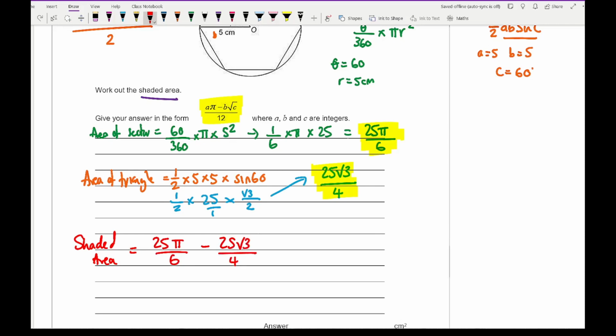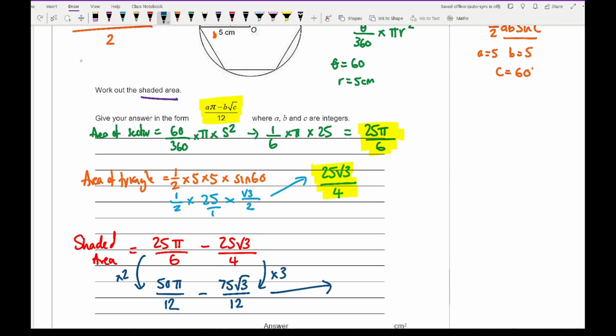Now we want a common denominator, which is a number that appears in the 6 and the 4 times tables, which is 12. To get 12, I multiply the first fraction by 2, so that becomes 50 pi over 12. For the second fraction, to change the denominator from 4 to 12, I multiply by 3, so that becomes 75 root 3.